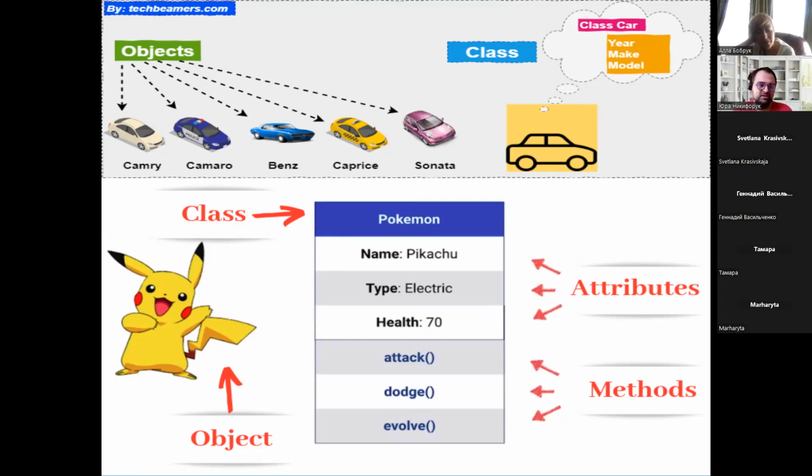Fields save some data about the state of the class, and methods describe the behavior. We can create a class car with fields year, make, model, and after that we can create instances of the class.